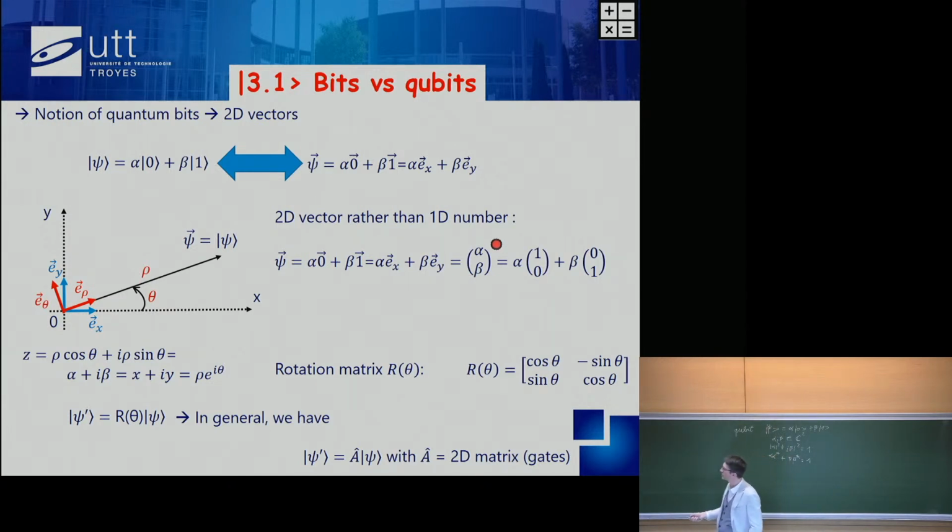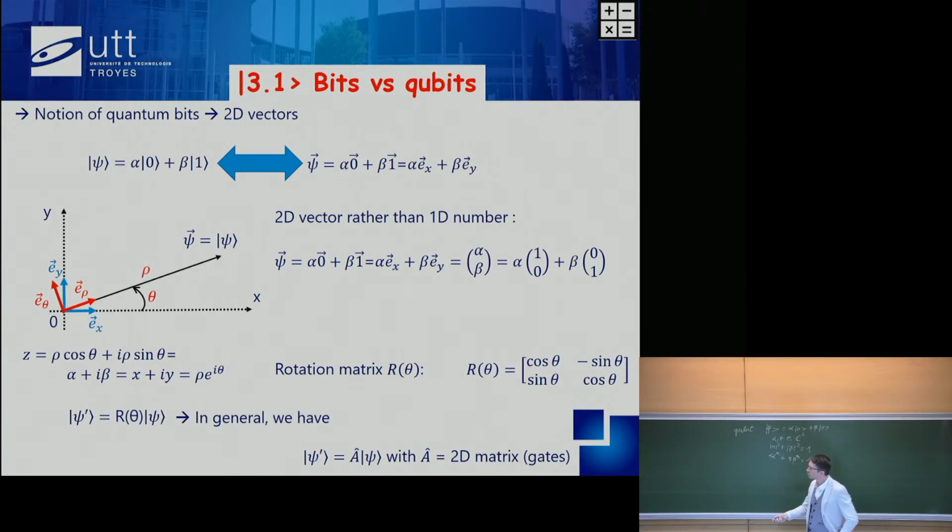You can also write this as alpha (1, 0) plus beta (0, 1), where the vector Ex is along the x-axis with coordinate (1, 0), and Ey is along the y-axis, with coordinate (0, 1).